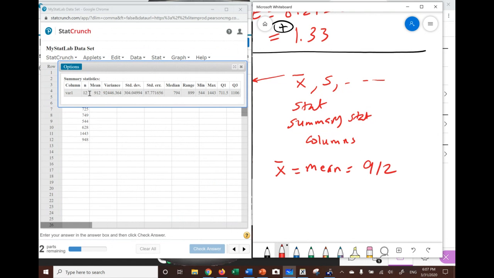And again, it is here in the table. The mean is 912. Notice the standard deviation here, which is S, and the reason it is S is because this is a sample of only 12 numbers. So this is going to be 304.04 something.